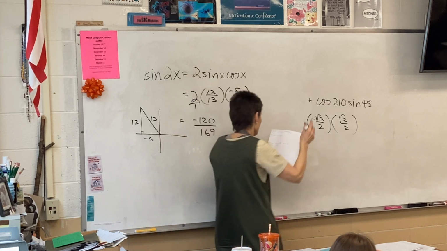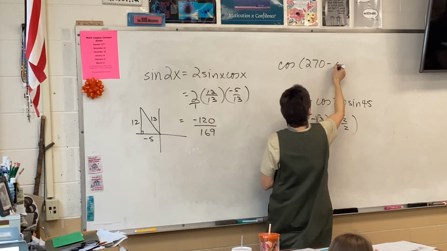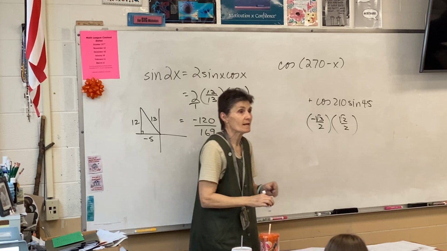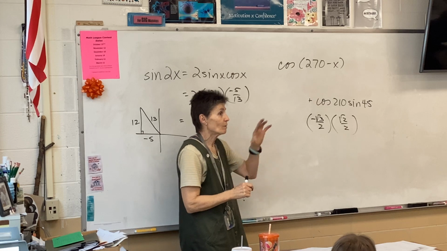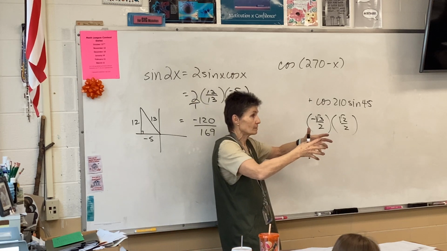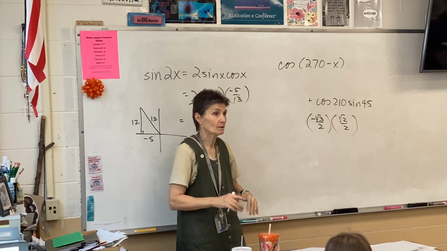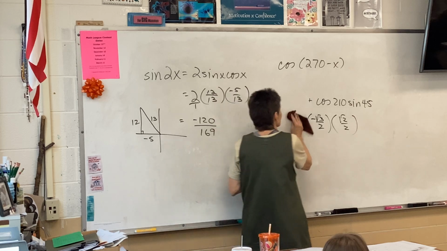Okay. Cosine of 270 minus x. Now notice this one says simplify. It doesn't say evaluate. In other words, when you evaluate, you get a number. When you simplify, you just get whatever you get when you boil it all down. So you've got the cosine of an angle minus an angle.